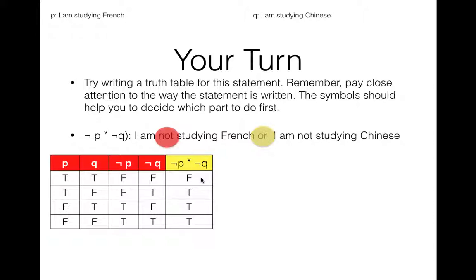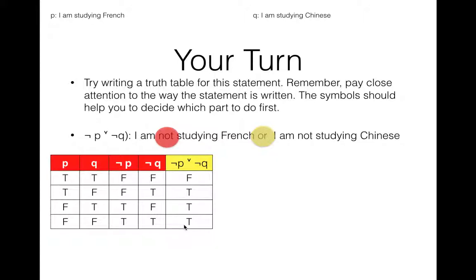Because for an inclusive disjunction to be true, at least one of the statements must be true. And that's why all the rest of these are true. Because in this case, not P is true, in this case, not Q is true, in this case, not P is true, and in this case, both of them are true. So the inclusive disjunctions are all true.